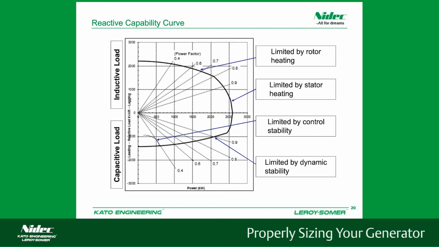When we get above 0.8 power factor, we get to where we are limited by the stator heating, and that's because we have our stator rated for a given kVA because we have to handle that current. And this typically goes down into a capacitive load, still limited there, and then it tails off.